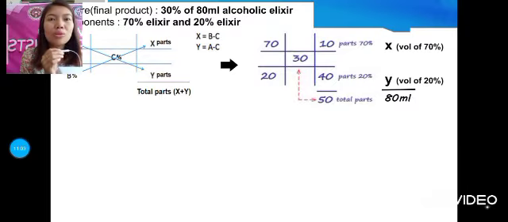Let's go now to the calculation of volume of our two components. We have X as the volume of our 70% elixir, and Y as the volume of our 20% elixir.